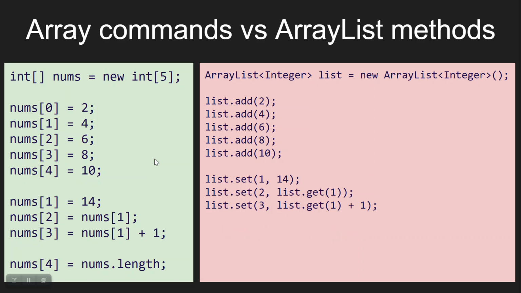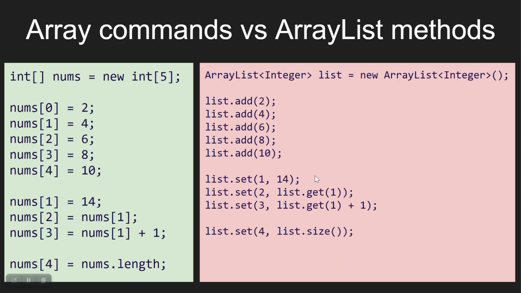And then, of course, with arrays, we had the length instance variable. So I could assign nums at index 4 to be whatever nums.length is, which of course is 5. And we have something similar to that in array lists. So you can do list.set index 4 to be list.size(). And that'll do the same thing.